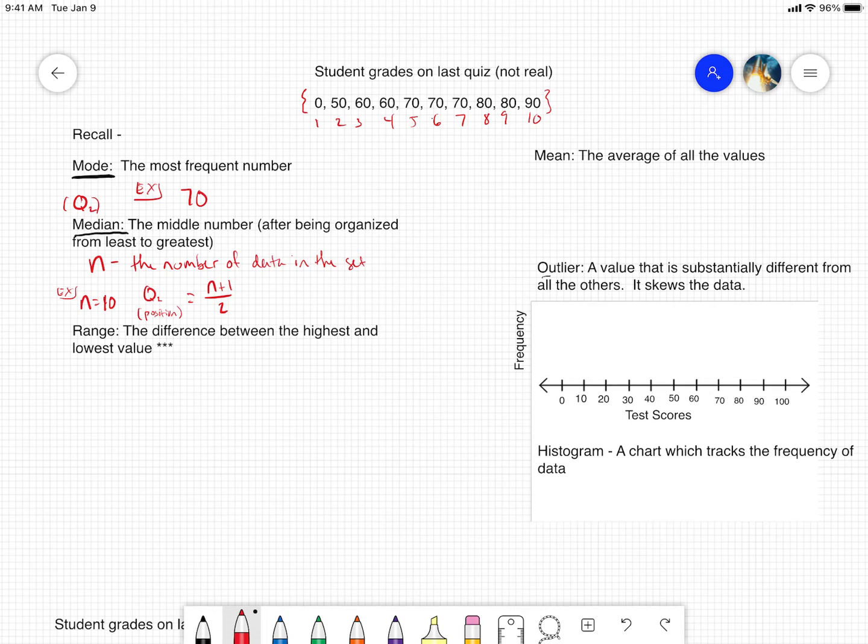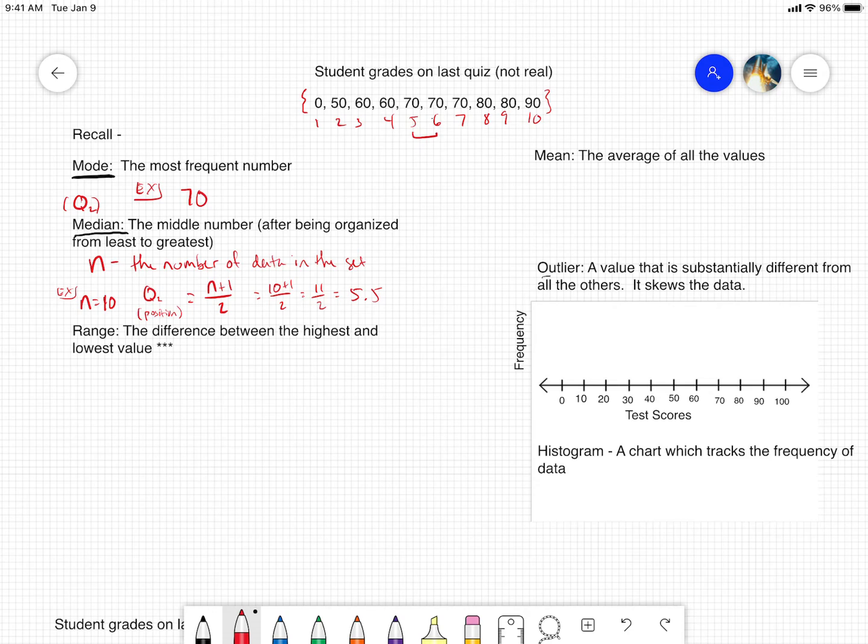Since I know n is 10, 10 plus 1 over 2 is 11 over 2, which is 5.5. That's telling me that my Q2 is between the 5th and 6th terms.